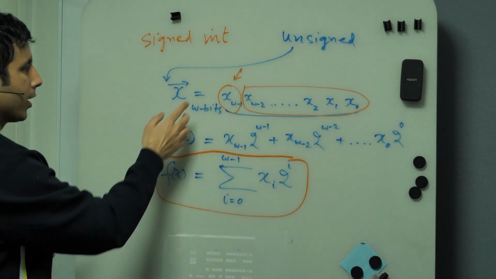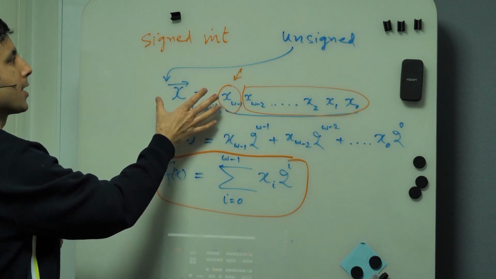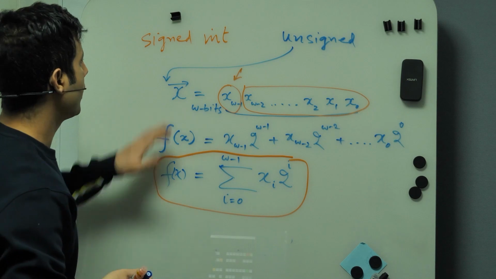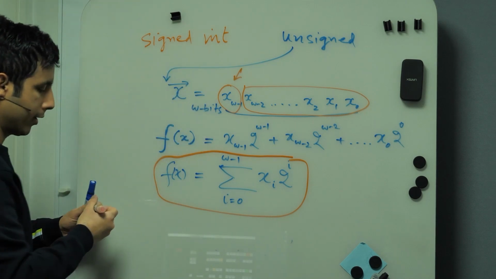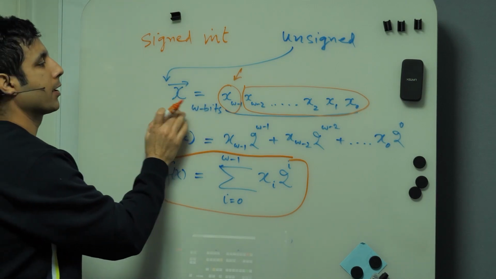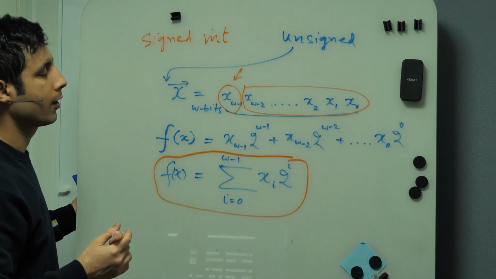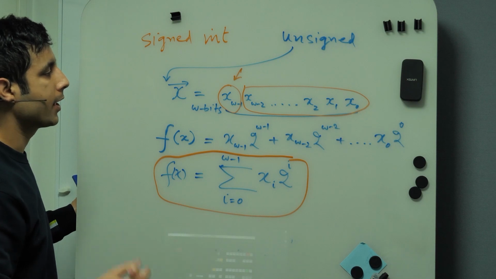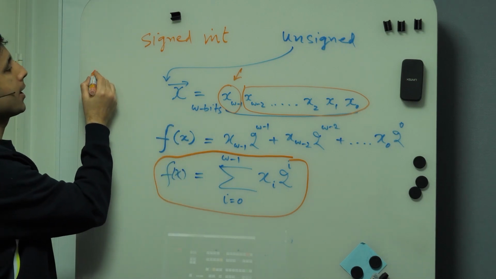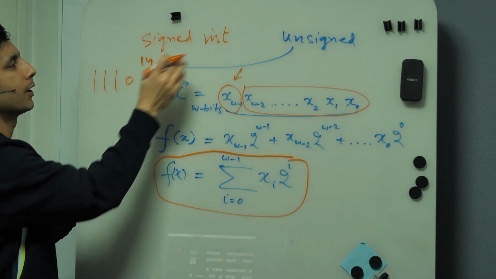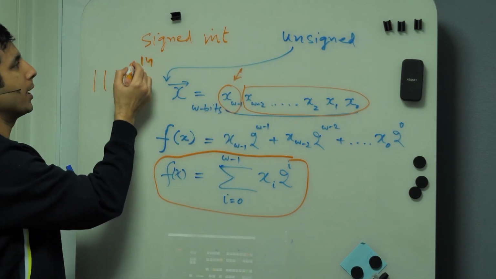For example, let's say this pattern, 1110, represents a number in signed encoding. This was 14 in unsigned encoding. What would it be in signed encoding?